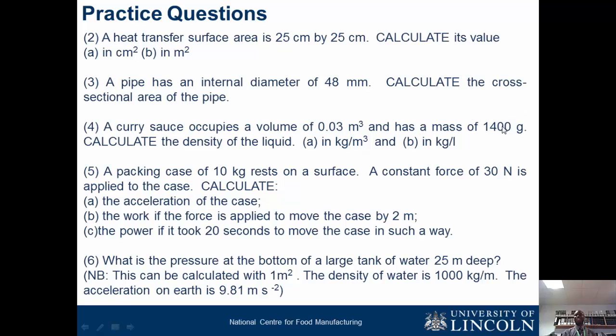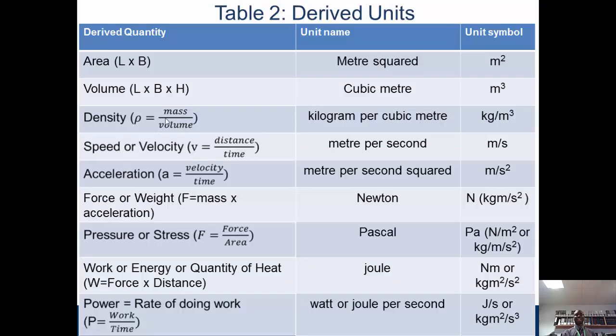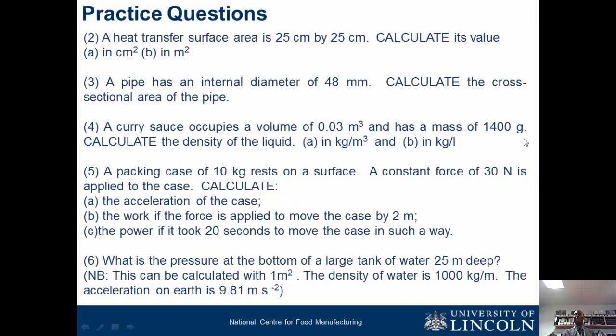To do this, divide mass over volume, because we know our density is given as mass over volume. But don't forget, here we are given this mass in gram. If you calculate this as 1400 gram divided by 0.03 meter cube, your unit will be gram per meter cube.